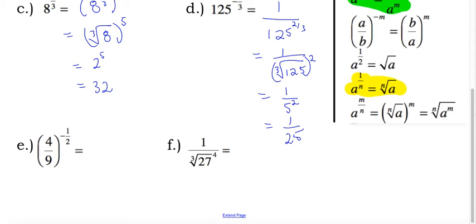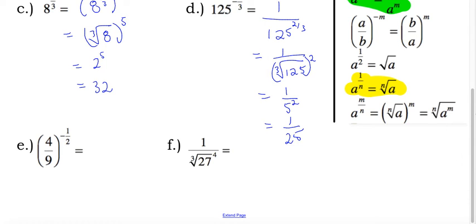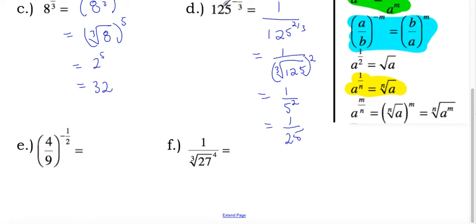Okay, let's keep going. Now we've got some fractions and negatives and a fraction in the bracket. So you need to remember this rule over here with the negative power and the fraction inside the bracket. That might be useful. So I would get rid of the negative again. It's always easier not to have negative exponents. So using this rule, remember it says flip the fraction upside down and just make the power positive.